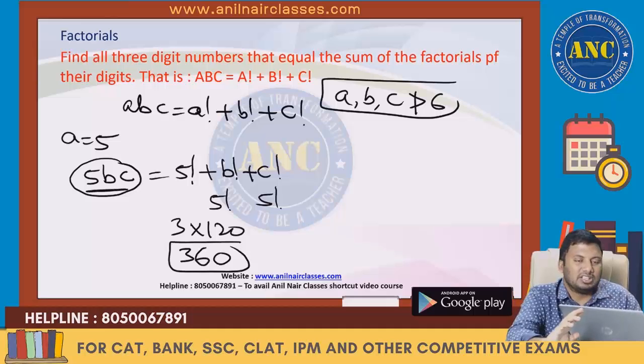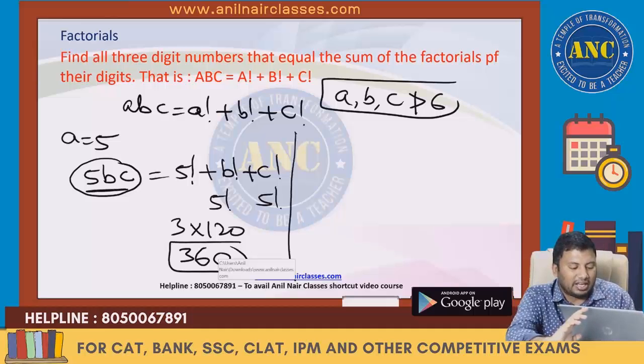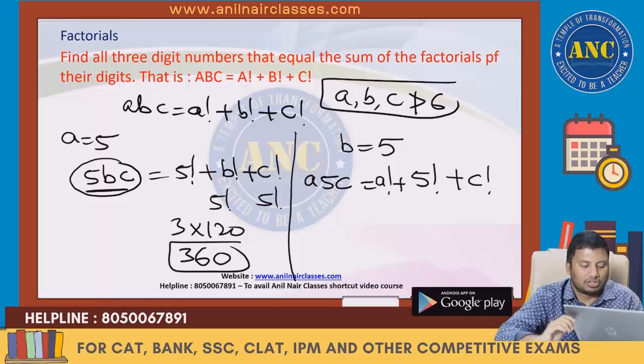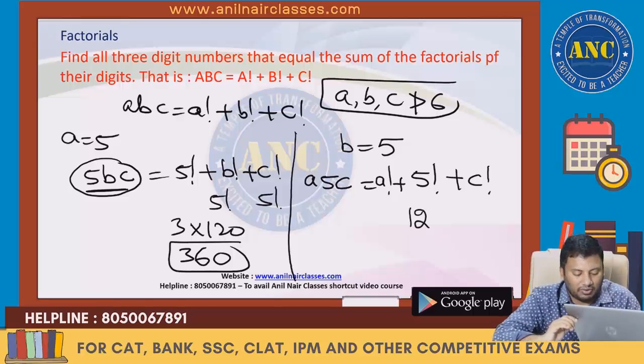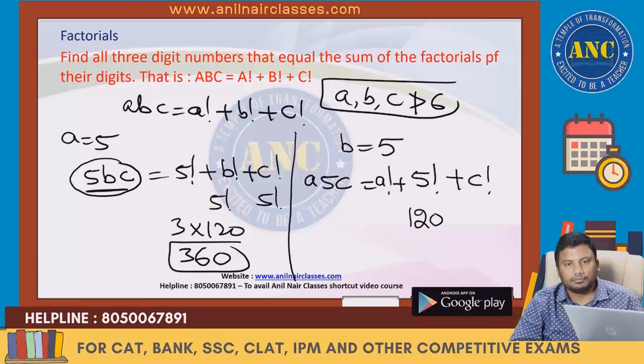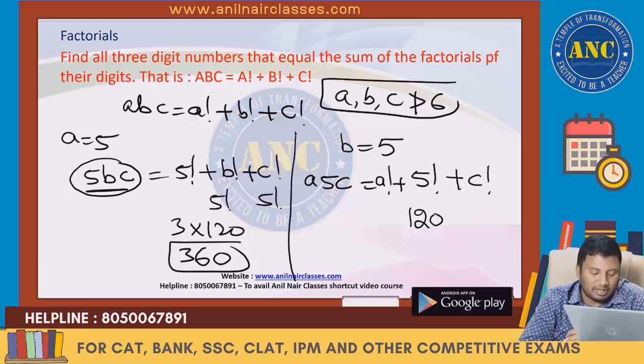But this is in the range 5BC. A cannot be 5. If B is 5, A5C is equivalent to 5 factorial plus C factorial plus A factorial. So this is nothing but 120.